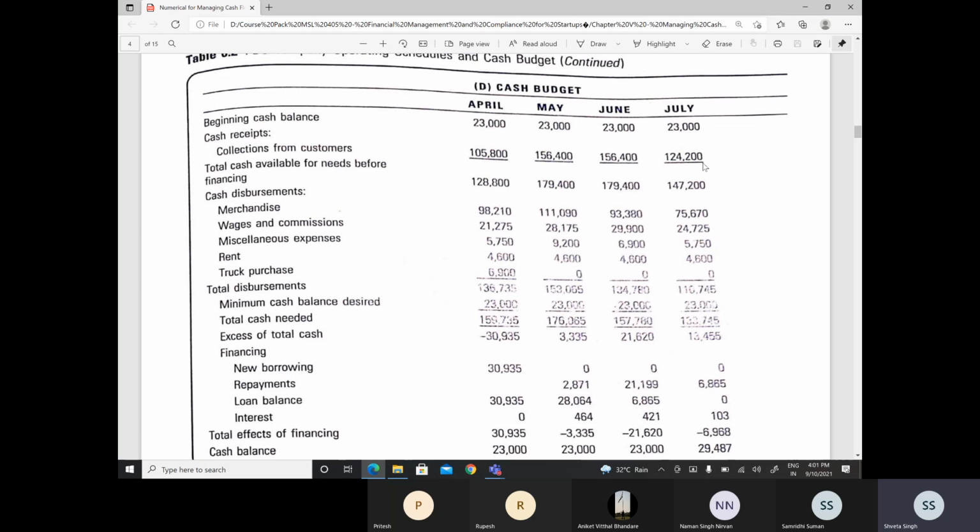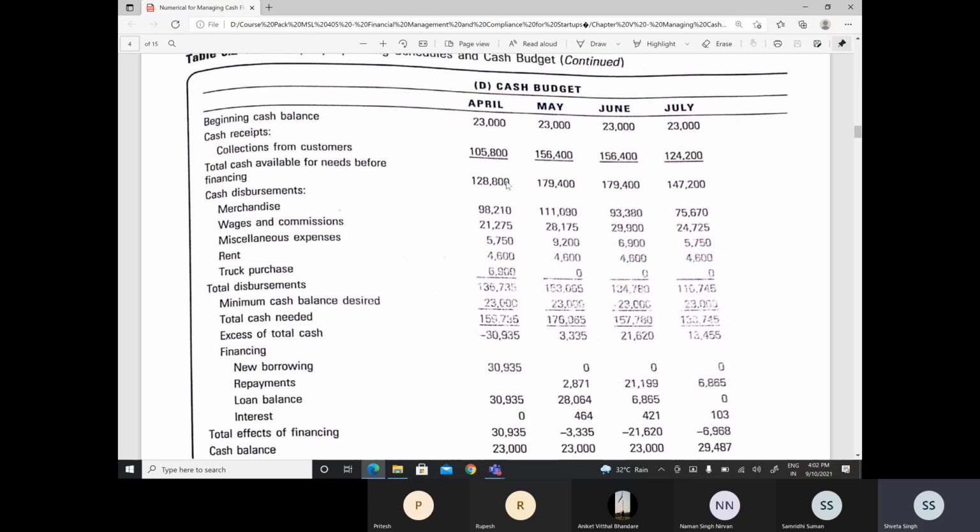No, typically in this business cash is only coming in from sales. Okay. So we add up all the cash receipts, and the total cash available for our needs before any financing is required is the addition of the beginning cash balance as well as the collection from sales. So we have 128,800, which is our total cash inflow from our operations.